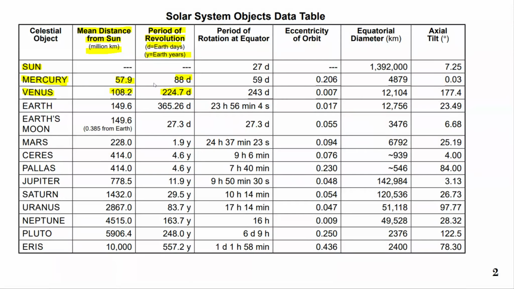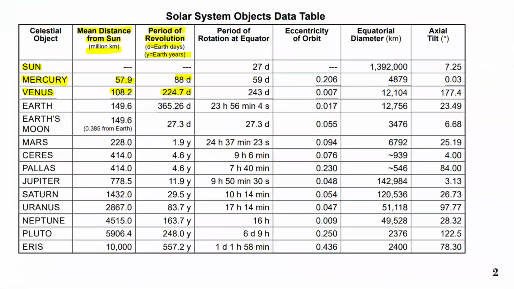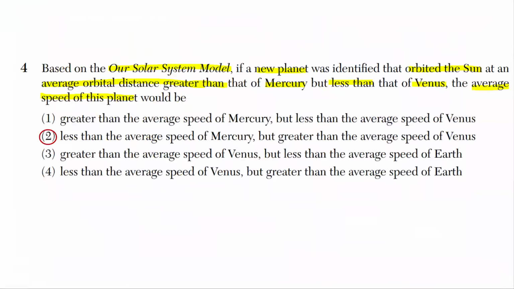It tells me that the closer I am to the sun, the less time it takes to orbit the sun. The farther I am from the sun, the longer it takes to go around the sun. The farther away the planets are from the sun, the longer it takes, from days to years. So even if I didn't know this law, this is why the reference table is there for you. You can figure it out even if you don't remember.